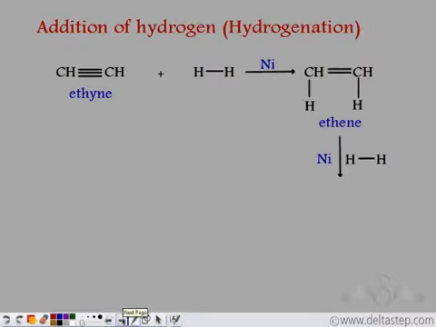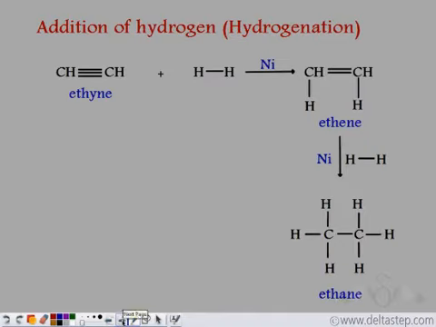And in the second step, this ethene, on further reaction with hydrogen, it forms ethane. As the double bond breaks into the single bond, we get ethane from ethene. So the hydrogenation of ethyne first gives us ethene, and then the ethene gets converted into ethane.